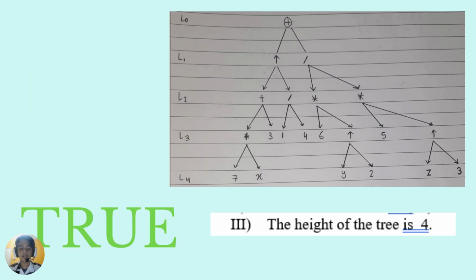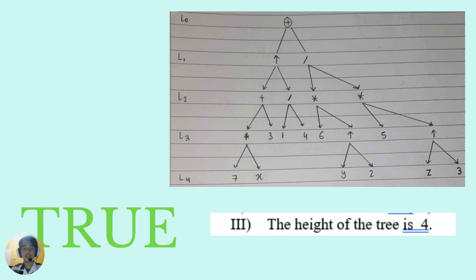Next, the height of the tree. Now, it is specifically saying the height of the tree, so you need to make sure that you correctly label the level of the tree, starting from 0, 1, 2, 3, and 4. And you might be asking, what do you mean by level? For this example here, look at the symbol, the arrow and the slash symbol.